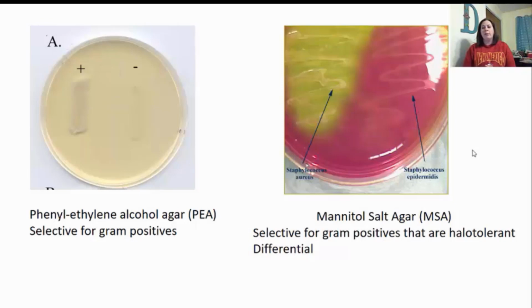This is selective for gram-positives that are halotolerant, meaning they can tolerate the salt content, and it is also differential. If you look here, both of these are different species of Staphylococcus. Both can grow on this agar, however, the color lets you see which one they can differentiate against.